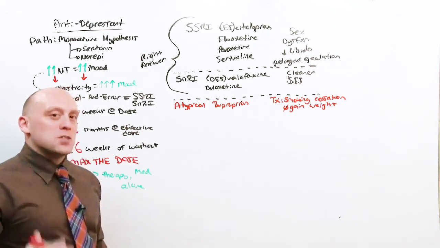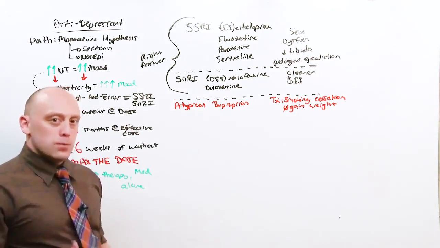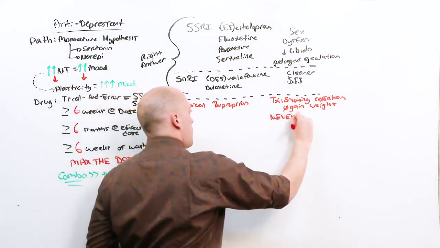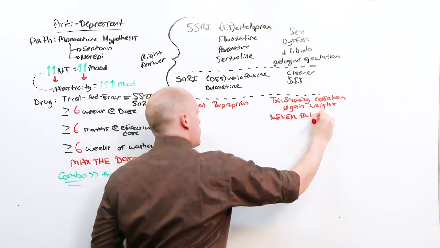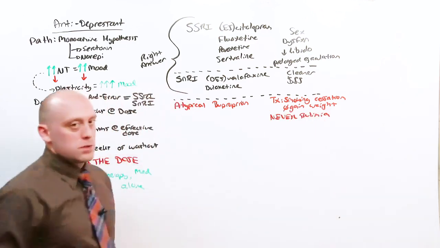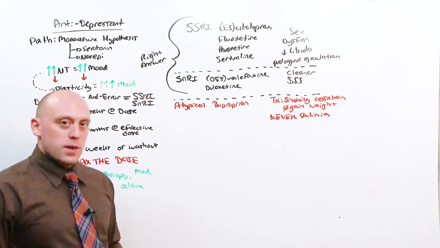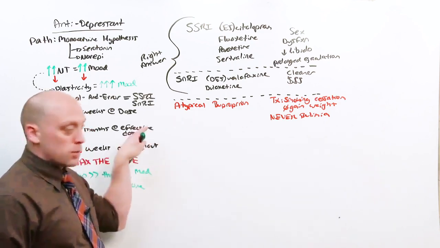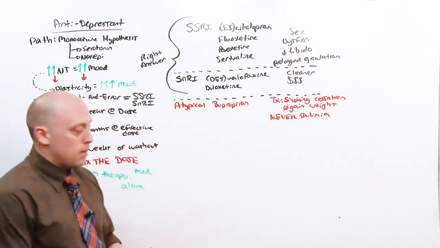But they are never used in bulimia because they decrease the seizure threshold. They also happen to have the lowest sexual side effect dysfunction. So bupropion can be chosen if someone has a little bit of depression and is trying to quit smoking.